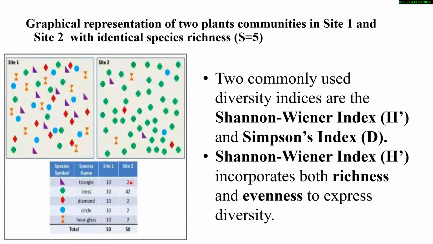But when you check site 2, the green cross had 42 individuals. The diversity indices that we are going to talk about, the Shannon-Wiener Diversity Index and the Simpson Diversity Index, always try to incorporate both species richness and evenness to express diversity.